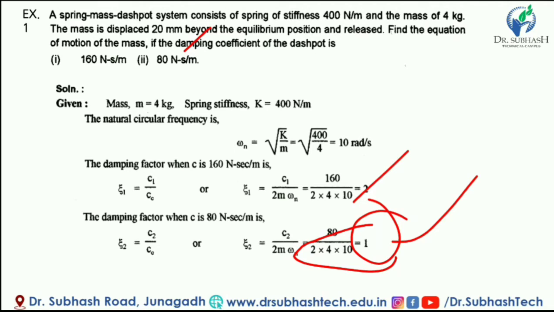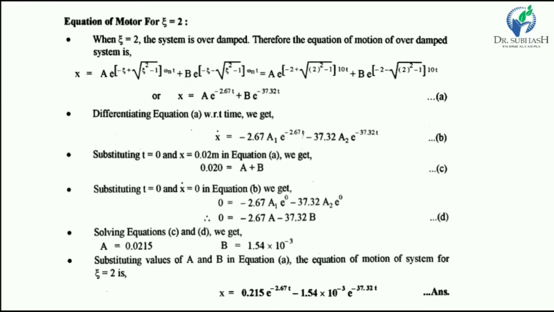Now we have to find the equation of displacement as a function of time. Earlier in the theory we studied the displacement equations for all three types of damped vibration. So directly we take the displacement equation of overdamped vibration.